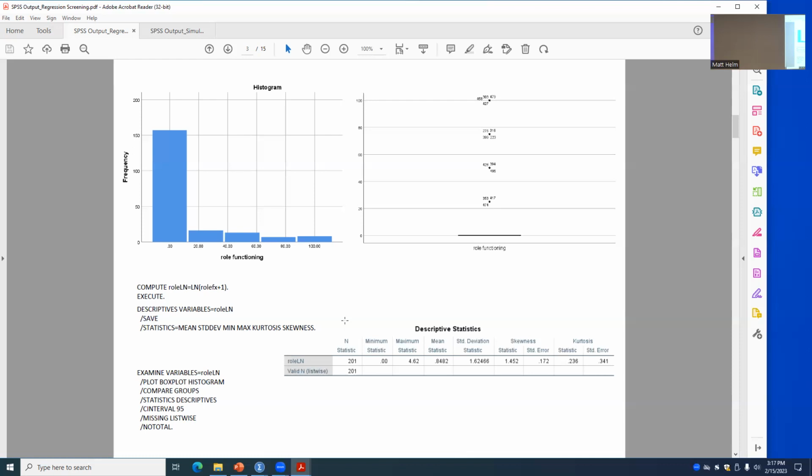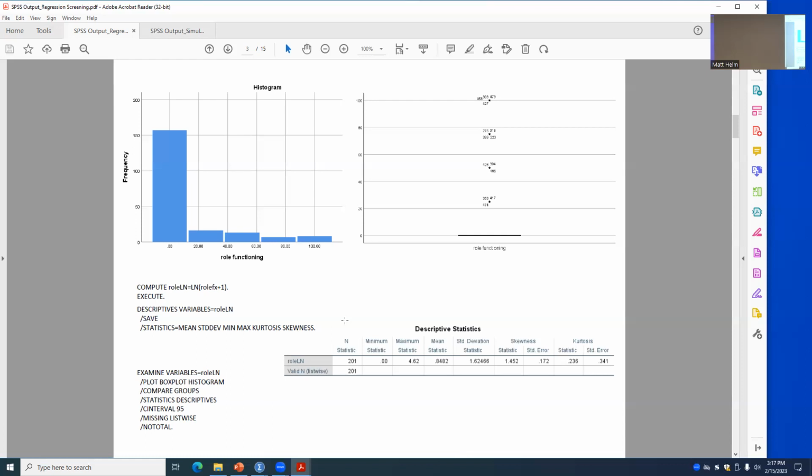What else is going on with the measurement of my outcome here? I said I have a 0 to 100 scale. Do I really have a 0 to 100 scale? It's not how it's presented there. How is it presented here? 20s.